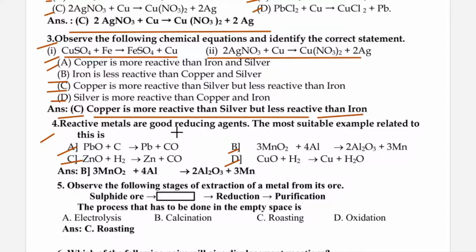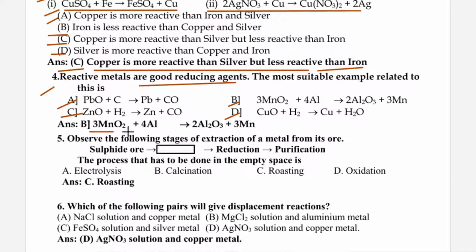Reactive metals are good reducing agents. The suitable example related to this is option B, that is 3MnO2 plus 4Al gives 2Al2O3 plus 3Mn. We have learnt oxidizing agents and reducing agents. Students must recall this one.